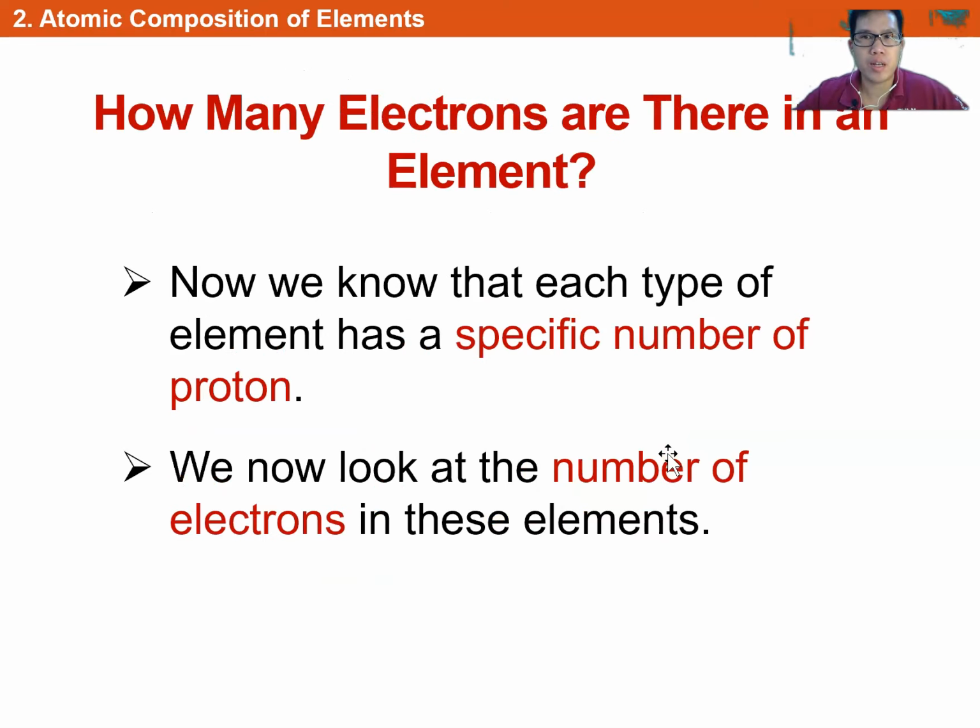How many electrons are there in an element? This is a bit of a tricky question. Normally, if we talk about the elements in the periodic table of elements, we call them electrically neutral elements.